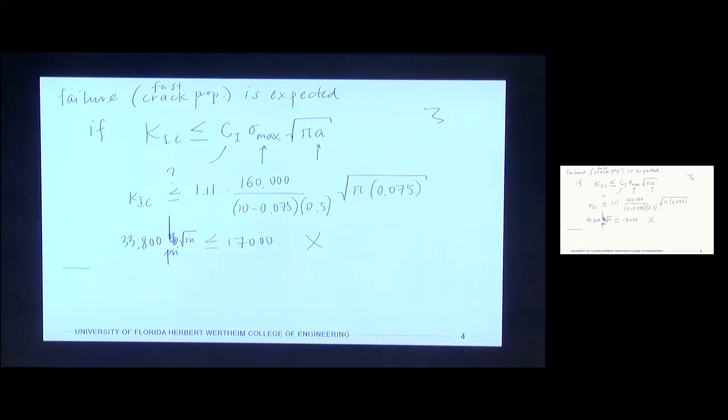And so if we leave the crack length A as a variable and solve for that, then we can figure out what our critical crack length will be in order for it to cause catastrophic failure. So we can take that equation we had on the top, this one here, and solve it for A.